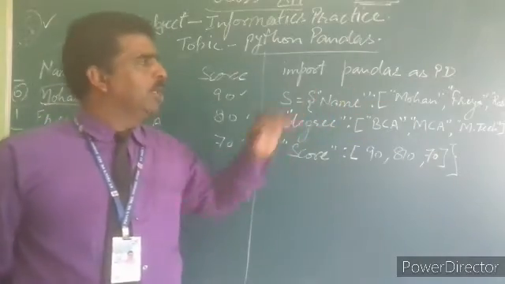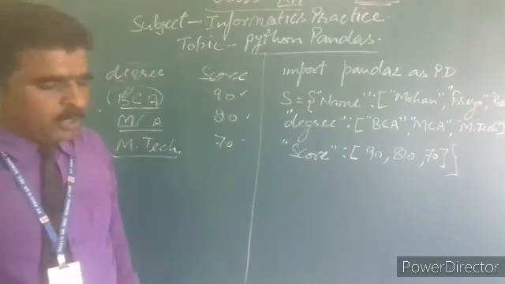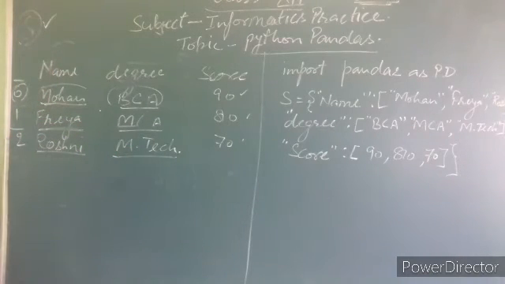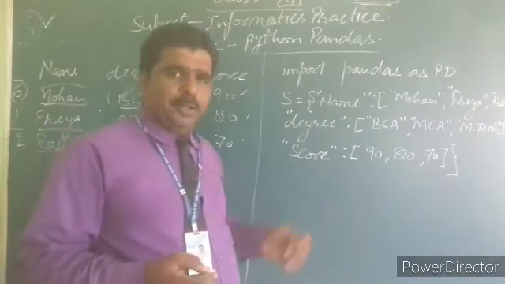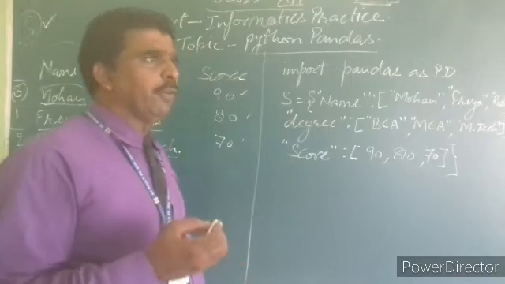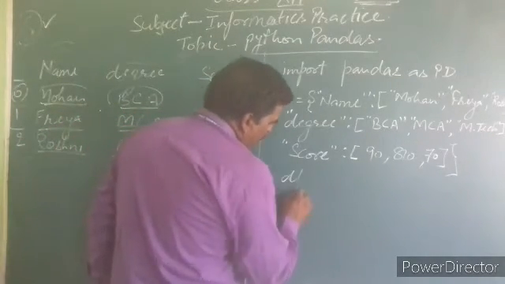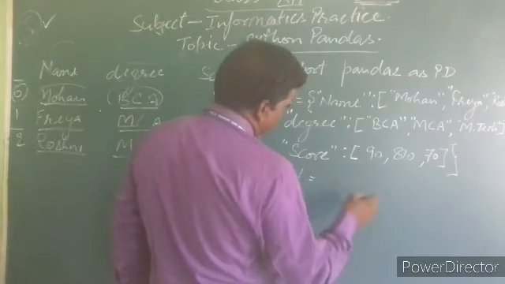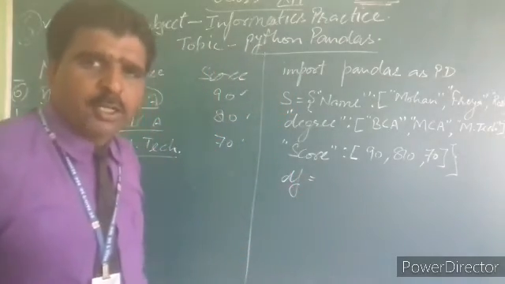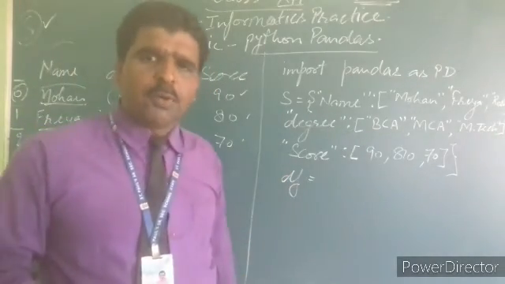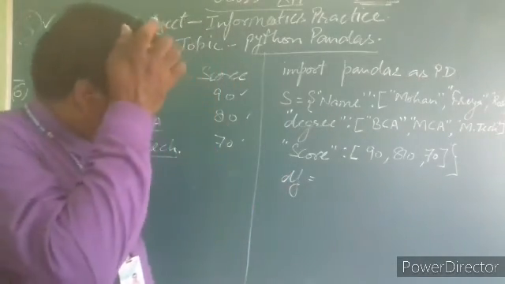That is in the form of a table. After that, if you want to display it in the form of data frame, you can give df equals to, means one variable we are taking df, that is the shortest form of data frame, that's why we are taking it.